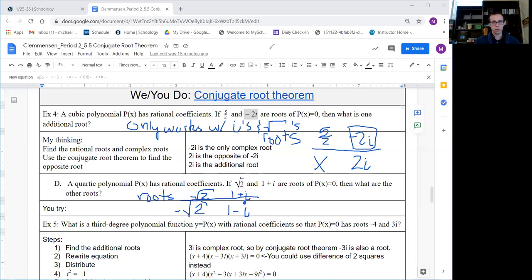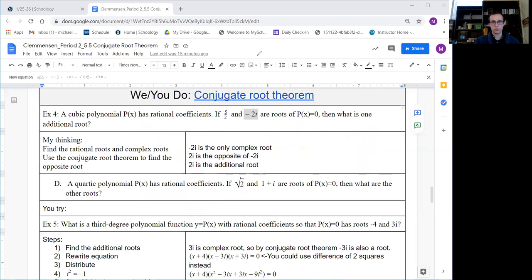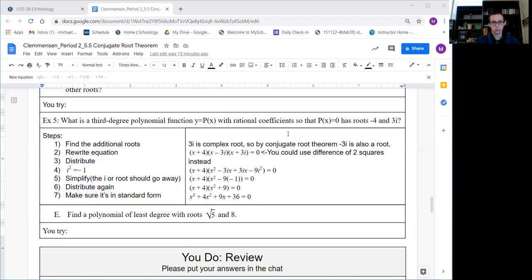When I look at the problems down here, for example 5, I have this negative 4 and this 3i as my roots. The negative 4 won't have an extra root because it does not have an i in it or a square root in it. 3i does have an i in it.